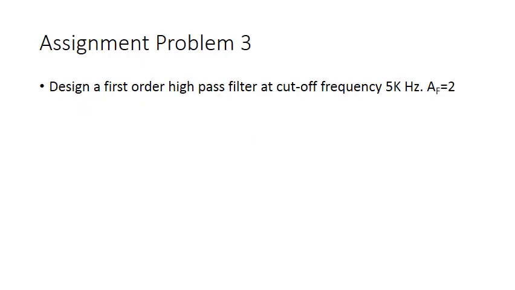So you can take an assignment problem 3: design a first order high pass filter at a cutoff frequency of 5 kHz. FL is given as 5 kHz, and AF is given as 2. First you have to select the capacitor C, 0.01 microfarad.